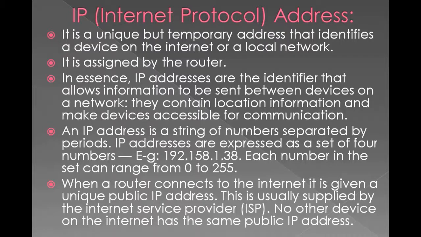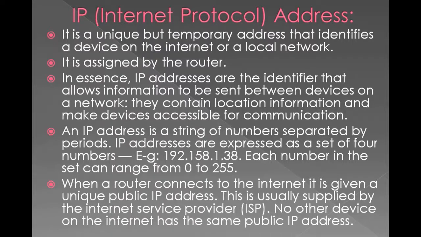If you need two or three devices to communicate with each other, you'll have to assign them IP addresses and you'll have to connect them through a router so that they can exchange information with each other. An IP address is a string of numbers separated by periods. IP addresses are expressed as a set of four numbers.